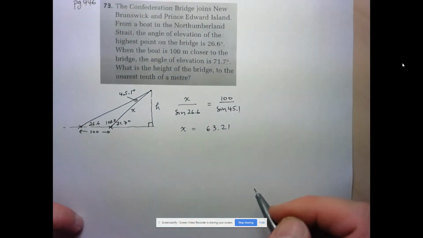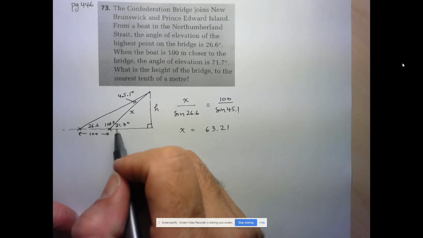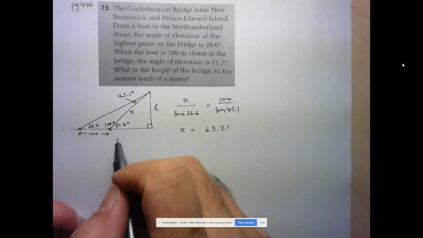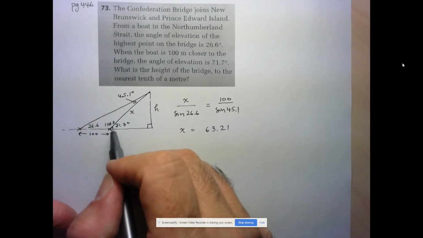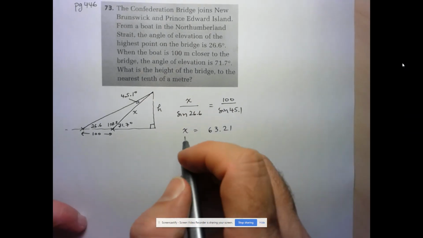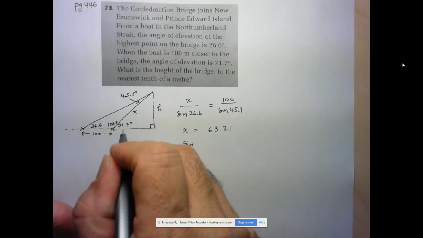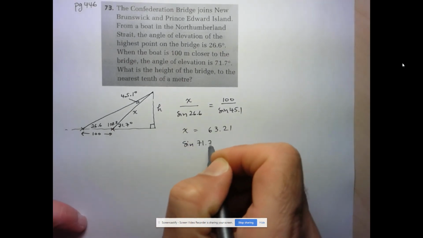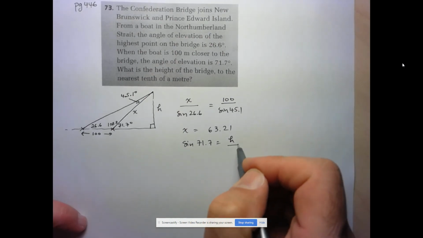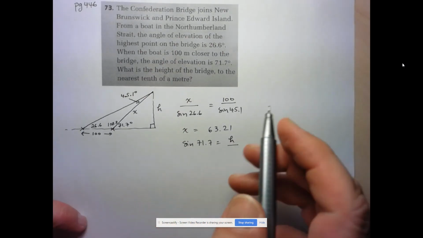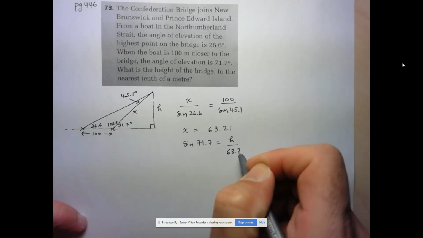Now that I have this side length here, I can work with this right triangle. I'm looking for the opposite side to the angle, and I know the hypotenuse, so I'm going to use sine. So sine of 71.7 is equal to the opposite side, which is the one I'm looking for, h, divided by the hypotenuse, which is the one I just found, 63.21.